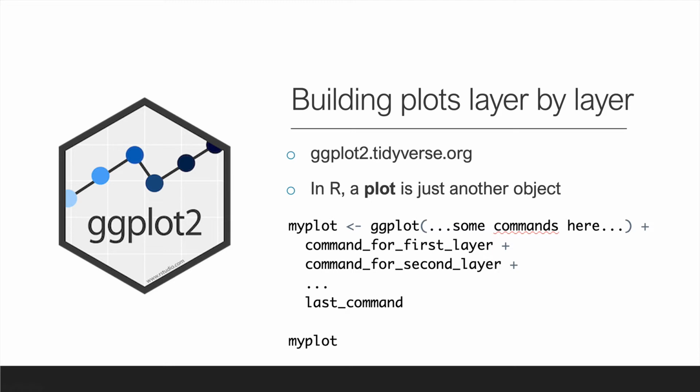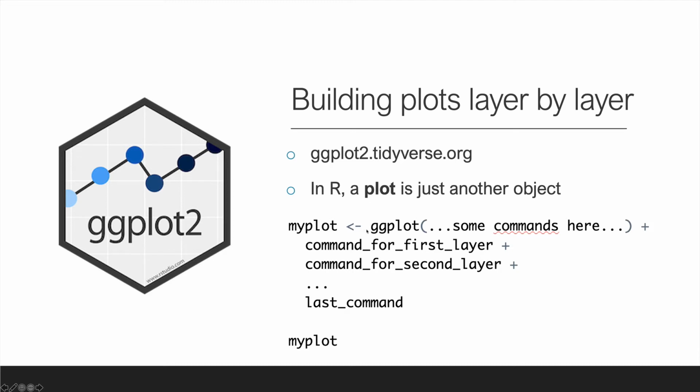Remember that in R, a plot is just another kind of object, like a single number or a variable or a data set. But we're going to do a couple of things a little differently. So you still have to give your object a name, any name at all, my plot, for example. We use the assignment operator.